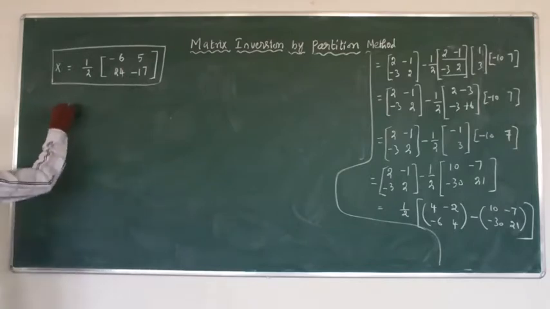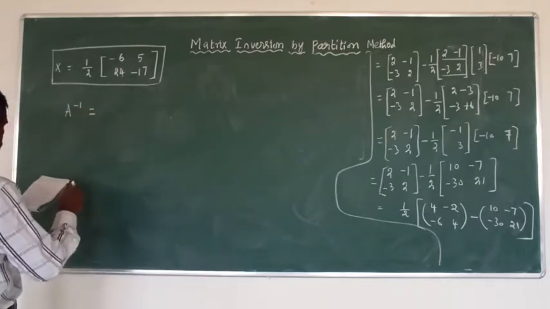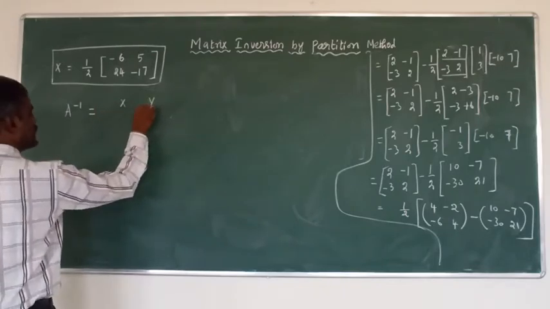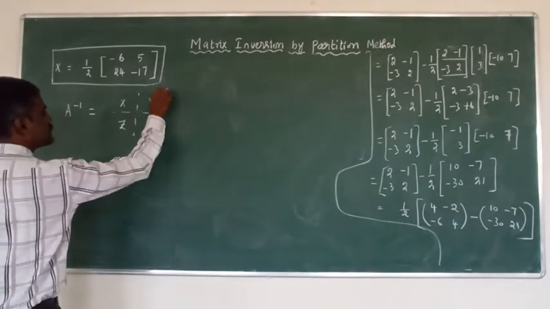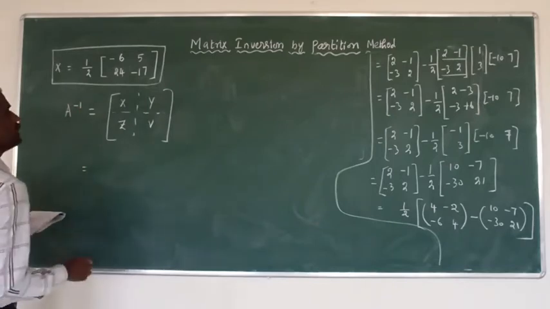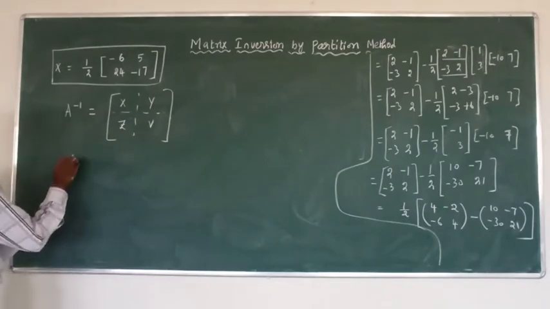Now formula required: A inverse equal to x, y, z and v. You have to substitute the corresponding value here. Before that, what is the value of v?